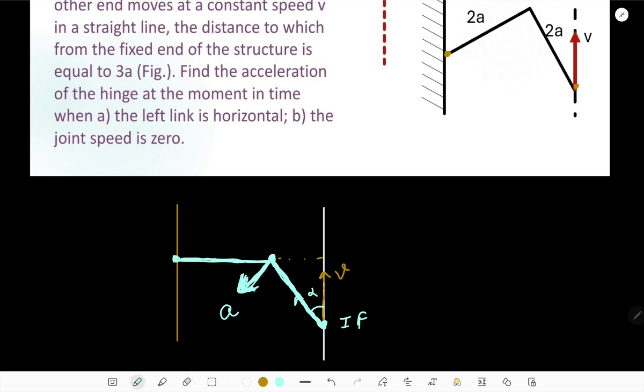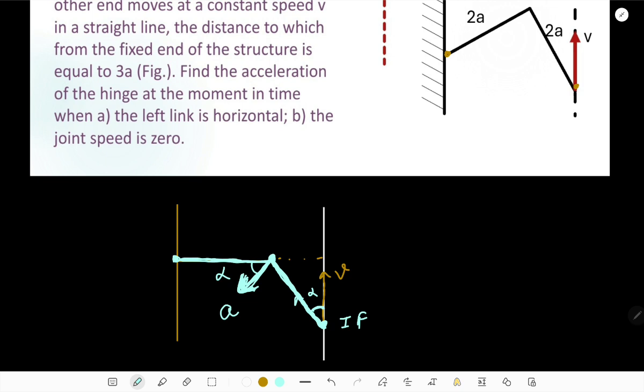So my analysis is complete now. I'm going to find the magnitude of the acceleration. If this angle is alpha, between vertical and this, then horizontal and perpendicular to this line, this angle is also alpha.